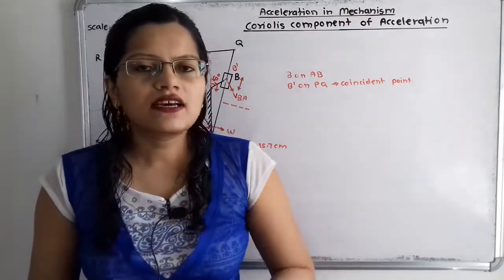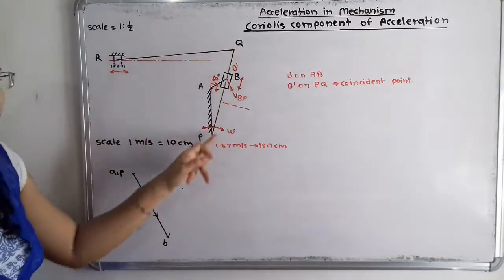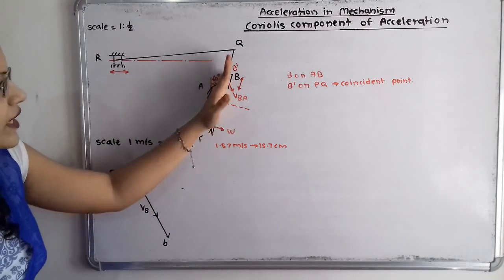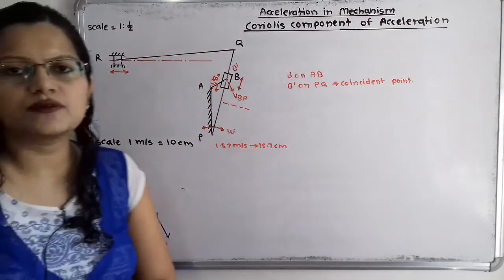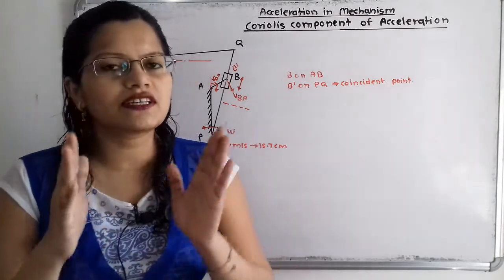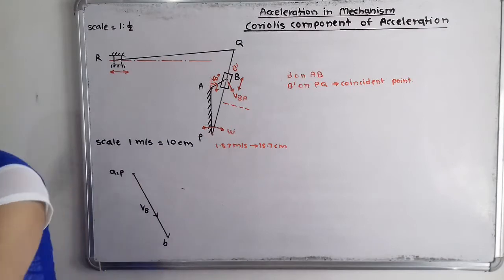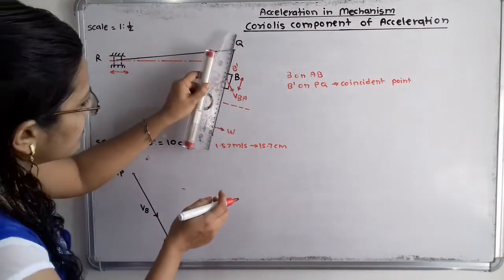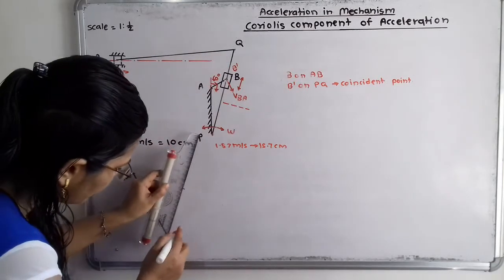We transfer the motion as it is, along this line. So we have to draw a line parallel to PQ but passing through this point B, because this is the reciprocating motion of the slider. So I will draw one line here. For this reciprocating motion I will use a red marker.